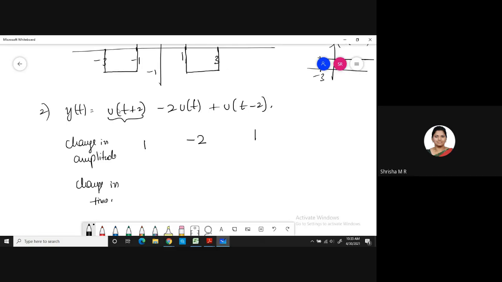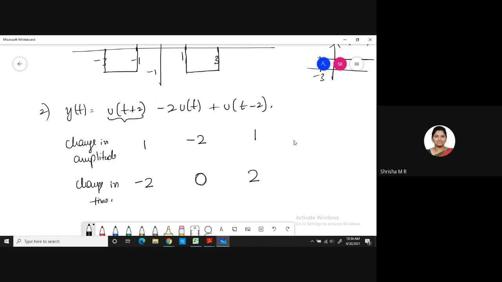U of t plus 2 occurs where? You have to know the basics. From u of t plus 2 means the signal will start from minus 2. U of t, from where will the signal start? 0. Unit step u of t minus 2 will start from plus 2.